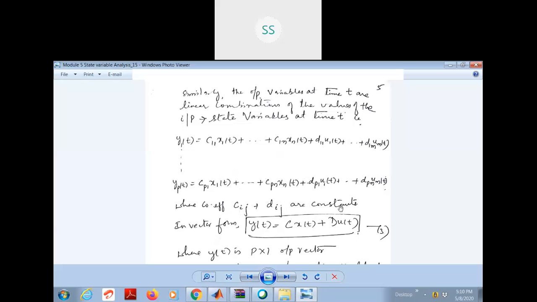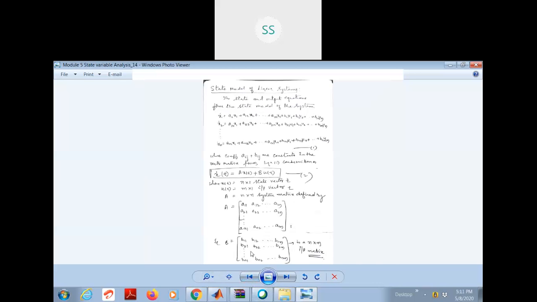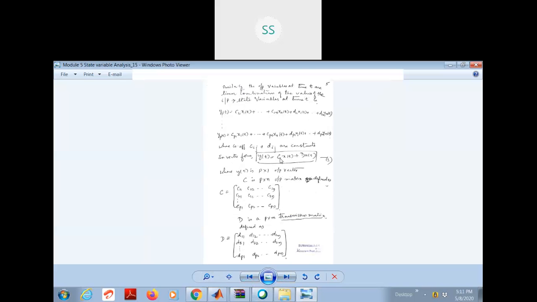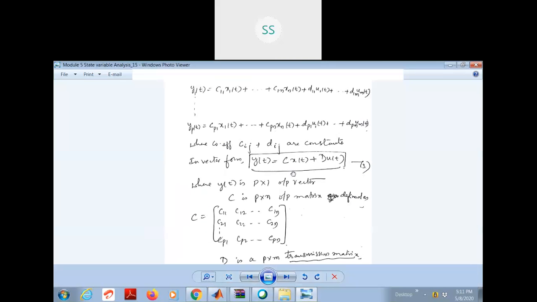So totally there are Aij, Bij, Cij and Dij terms, and there are four matrices: matrix A, B, C and D. Matrix A and B are related with the state equations, and matrix C and D are related with the output equation.